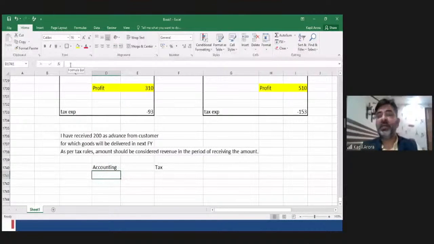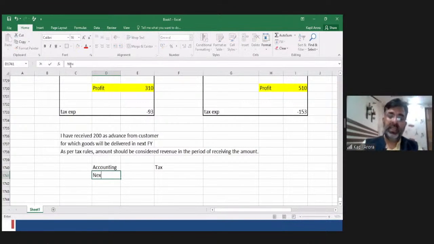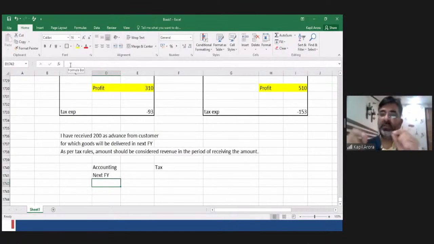The amount will be recognized as revenue in accounting in the next financial year. Why? When goods are delivered, when my risk and reward get transferred, only then will I recognize the revenue. Till that time, it will be sitting in the balance sheet as advances.